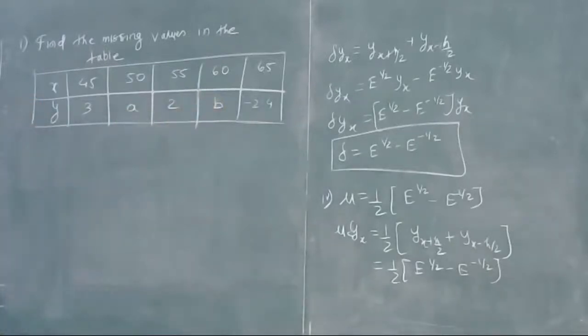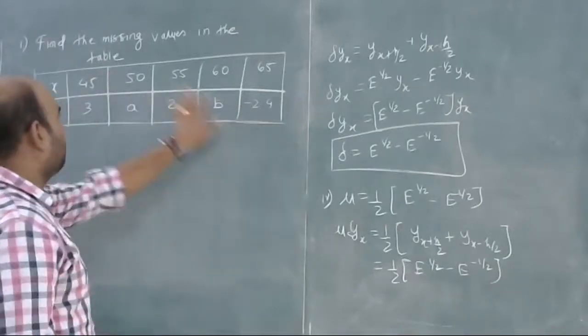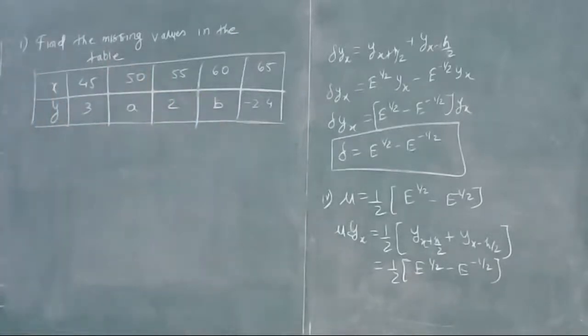So you have to find the values of these two unknowns, a and b, by using a difference table. First we have to construct the difference table.